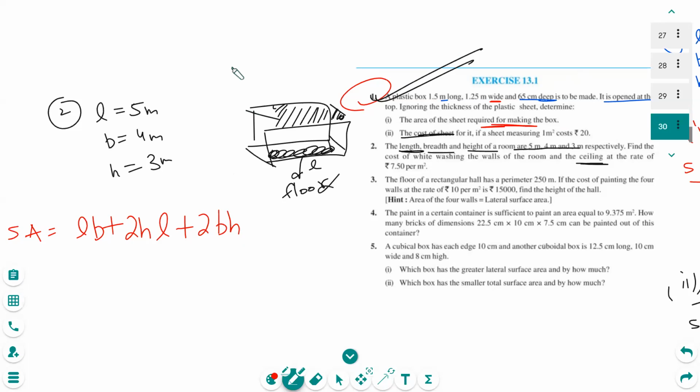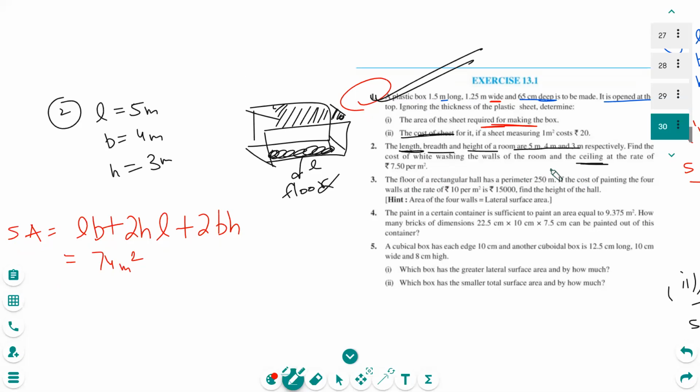LB is 5 times 4. So put the values here. You got 74 meter square. Good. It's 74 meters square.